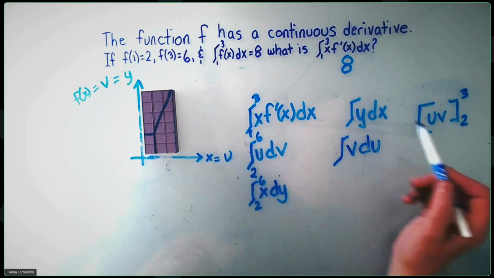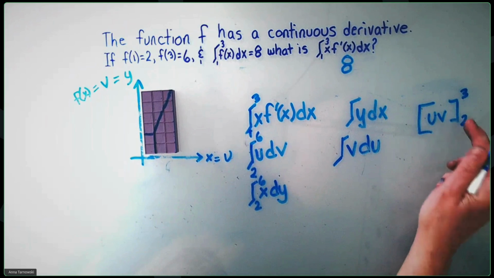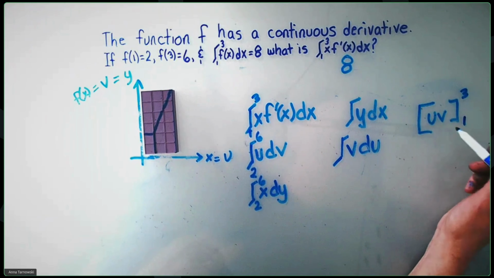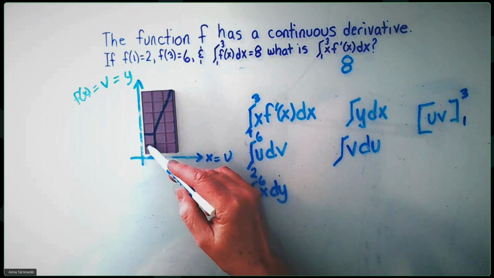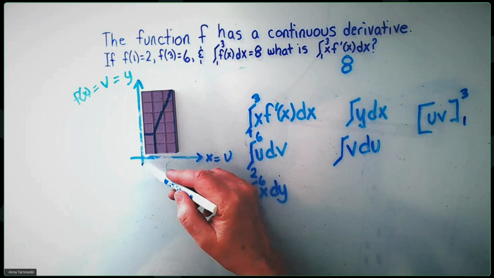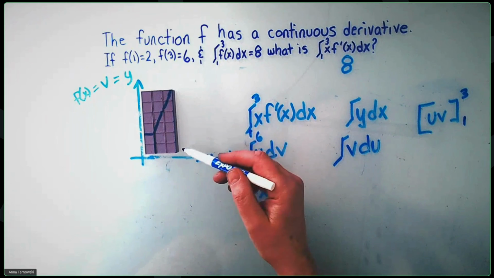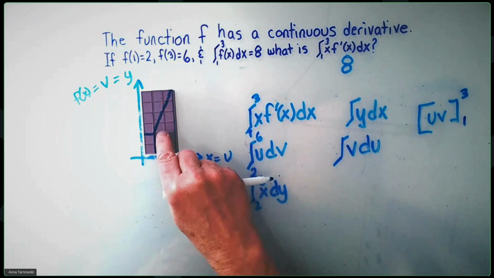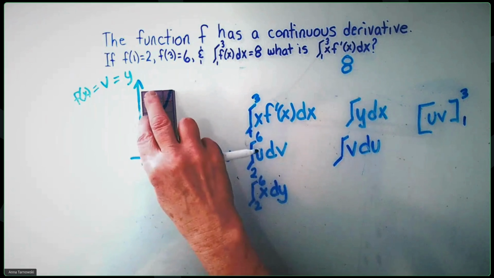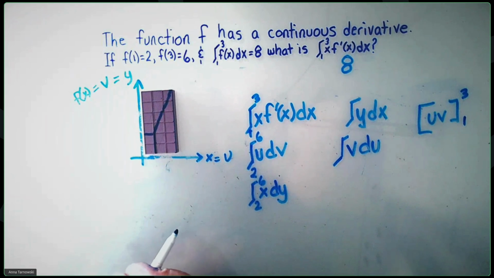And this uv, sorry, this should say 1 to 3, is just the big rectangle. So 3 times 6, subtract the small rectangle, 1 times 2, which would be 18, subtract 2 gives you 16. Subtract the area under the curve, which is 8, and it will leave you with this area here, which is also in this case 8.